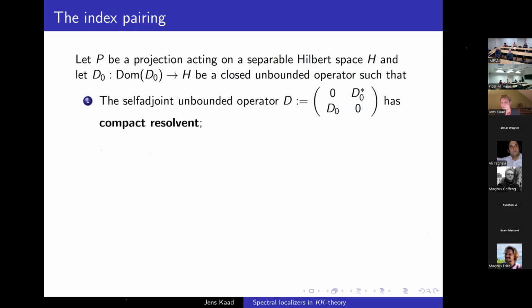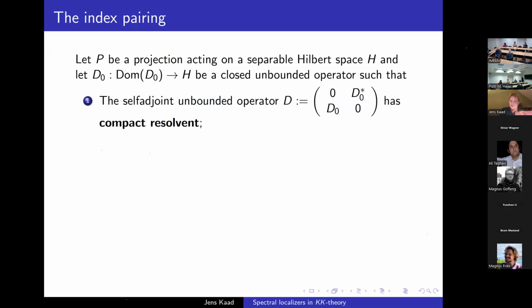This is then always self-adjoint. So you know that the spectrum of capital D is contained in the real line. In particular, once you add the imaginary unit, you get an invertible unbounded operator, and the inverse is a bounded operator acting on your Hilbert space.